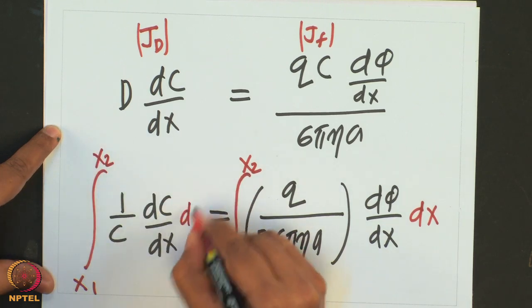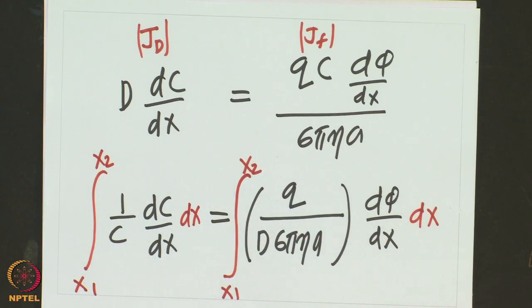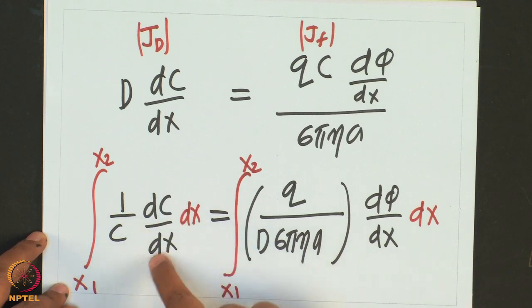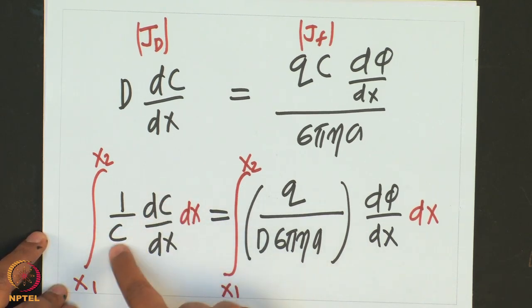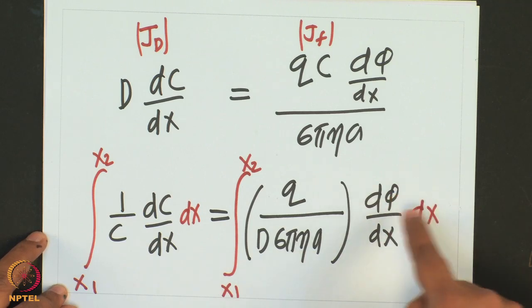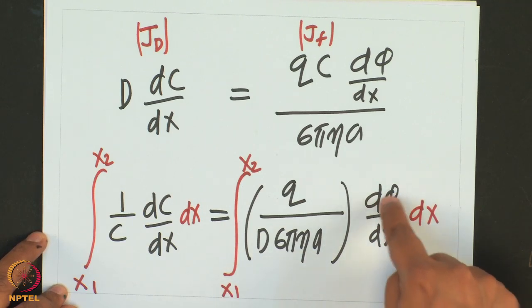So in this integration, here I have dc by dx dx. So this is basically dc by c, so you have the integration over c. So 1 over c dc is what you would get here, and here you would get the integral of d phi, which is phi itself.